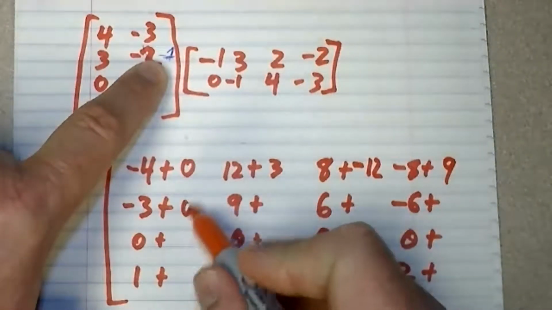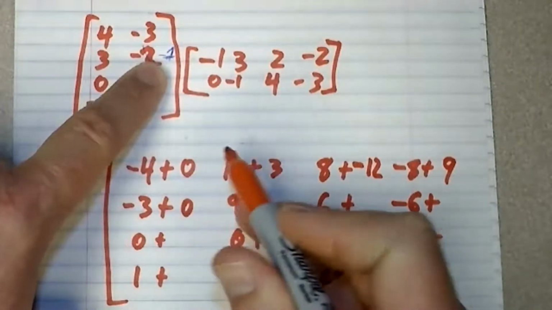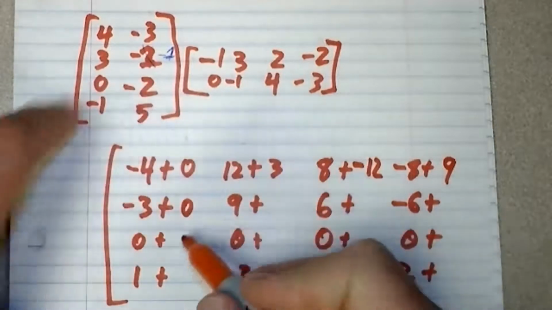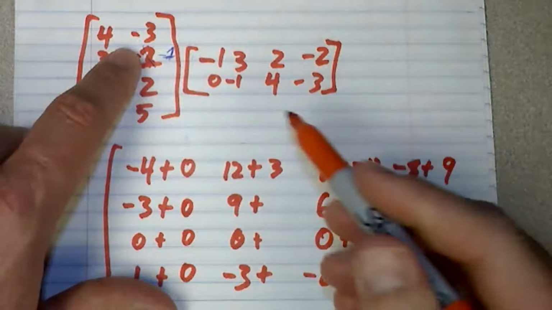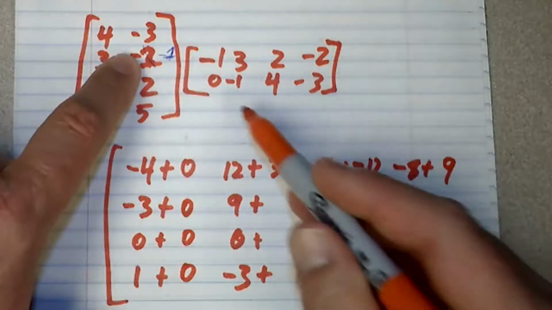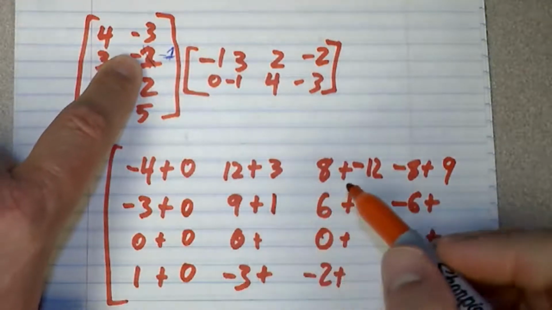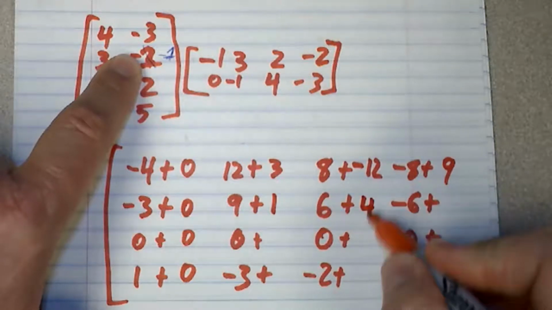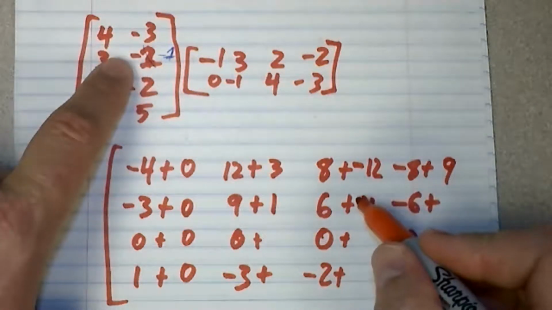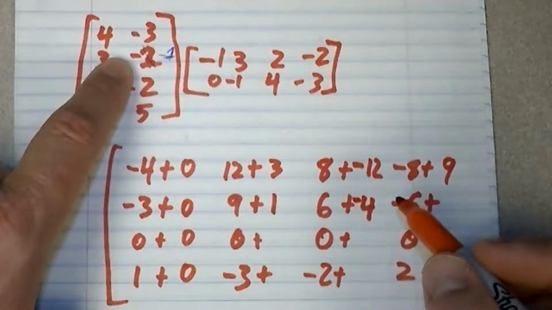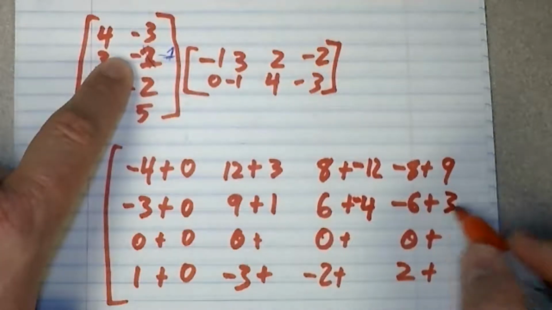So 0. And as it turns out, this is always going to be 0 for these last two. So I know that's going to be zeros there. Okay, negative 1 times negative 1 is going to be positive 1. Negative 1 times 4 is going to be 4. Should be negative 4, my friend. And then this will be 3.